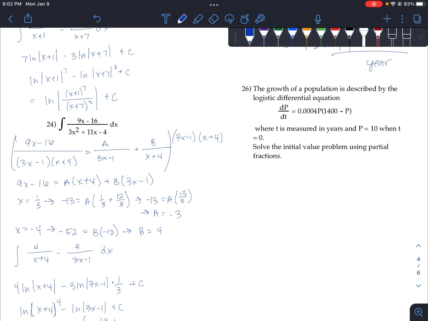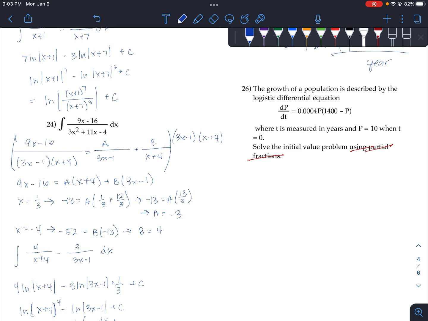The growth of a population is described by the logistic differential equation given there, where t is measured in years and P is equal to 10 when t is equal to 0. Solve the initial value problem, not using partial fractions. Just solve it.